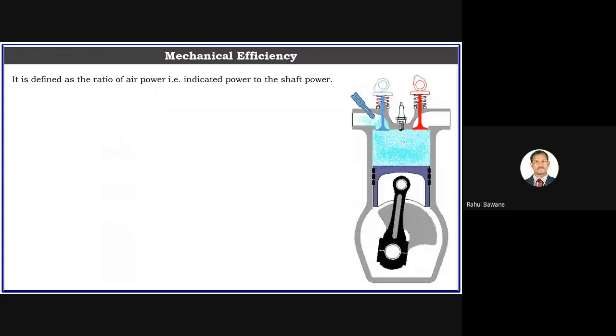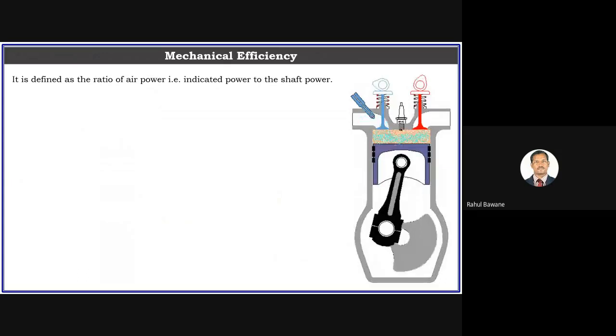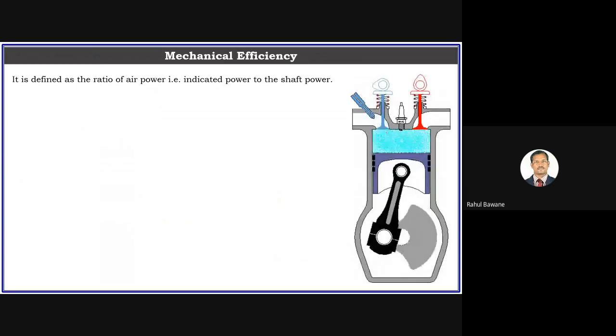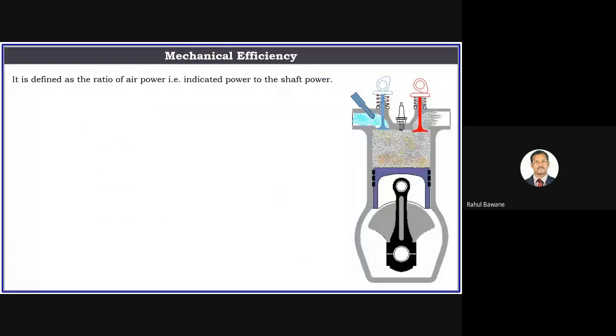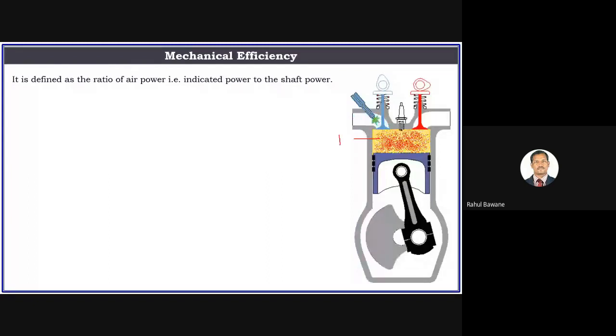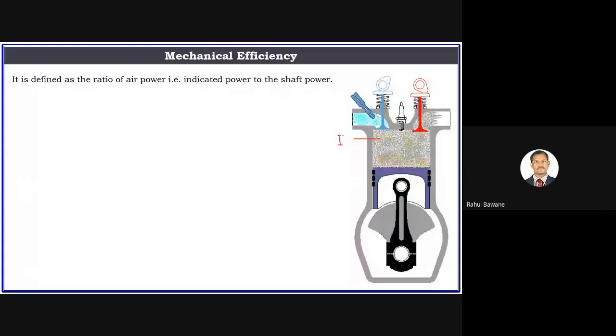In an IC engine, what happens? Fuel burns. When fuel burns, the combustion gas has the potential to do work. So whatever power is available on the piston to do work is known as IP. So indicated power here is IP.